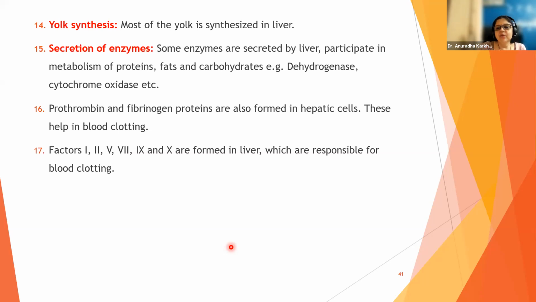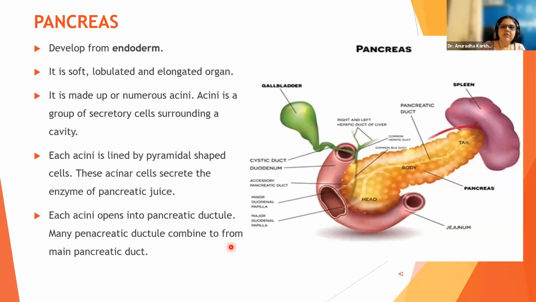So in the next class, we can go ahead with the actual process of digestion, along with the pancreas. Is it okay? Fine, beta. It's almost 5:30, so I'll stop for today. In the next class, we'll continue with this chapter. Okay? Bye bye. See you.